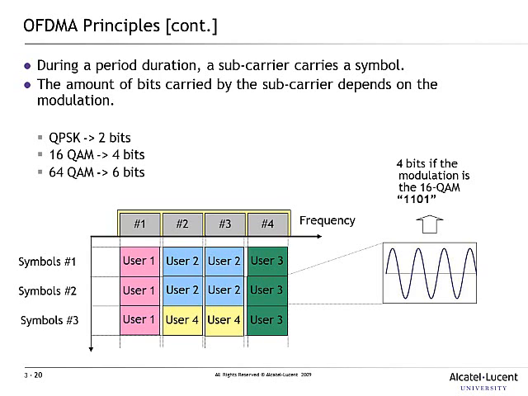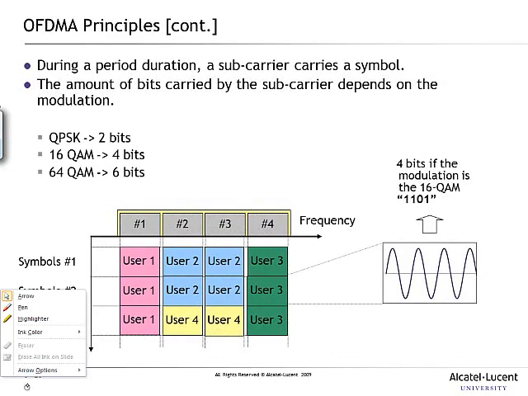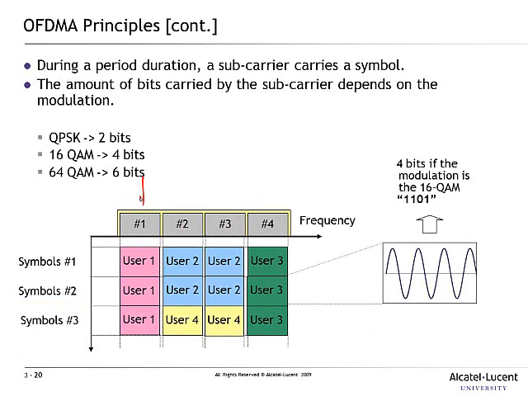Okay, and so, for example, if you allocate a particular subcarrier, so in this case, if we allocate subcarrier 1 to user 1, then the user will transmit their first symbol, okay, and that symbol will either have 2 bits or 4 bits or 6 bits based on the modulation scheme that we are using.